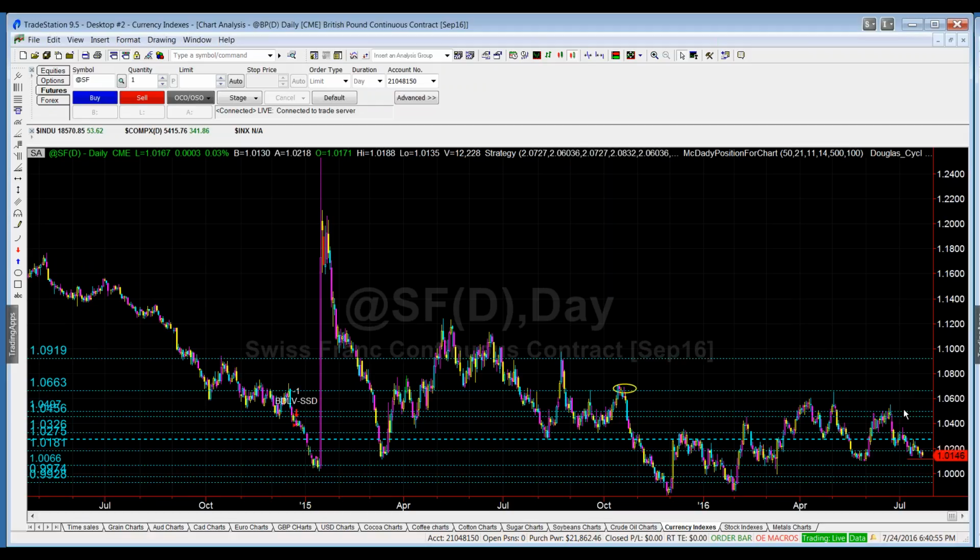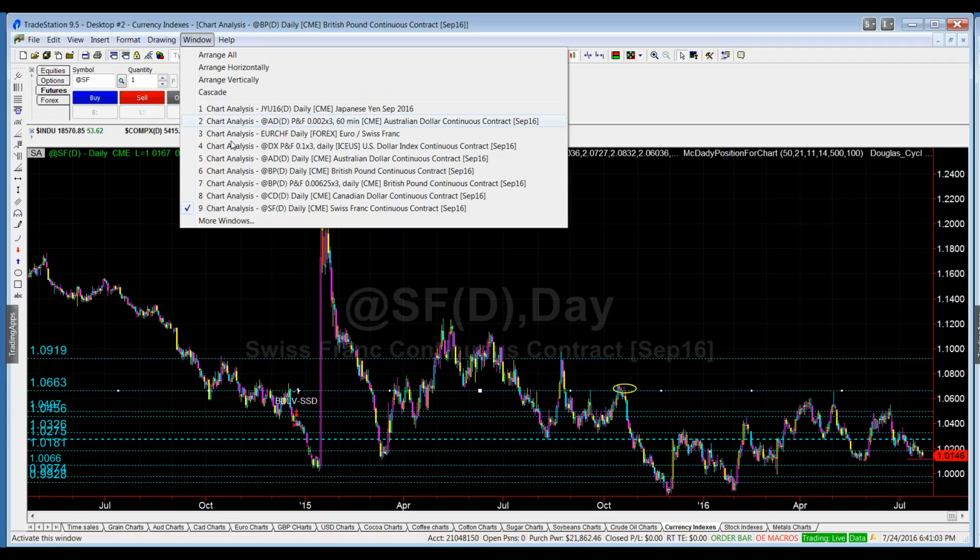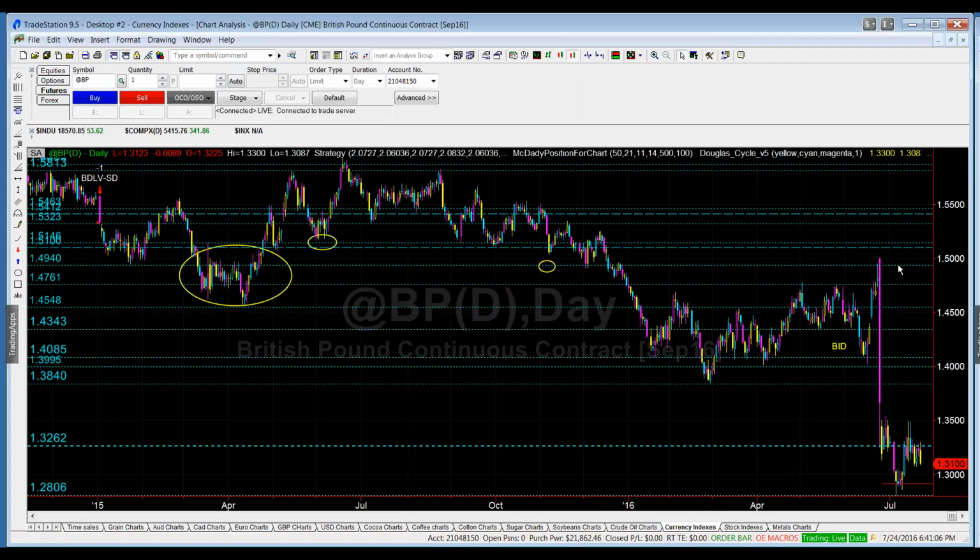So in generalized terms, will the pound go back up to around the 150 here, which it was back in July? The answer is yes, it possibly would do.